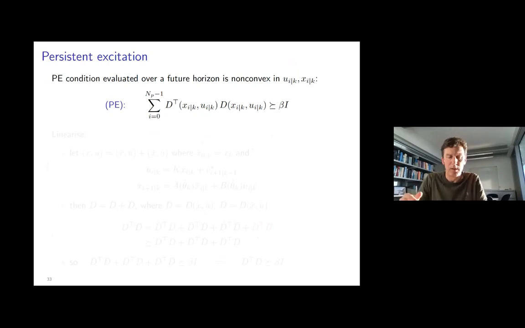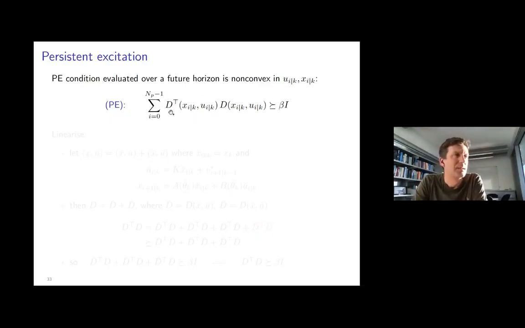Okay, so I mentioned at the beginning that one of the key properties of adaptive model predictive control is that we can ensure persistence of excitation just by optimizing our predictive control sequence to guarantee that some PE condition is met.